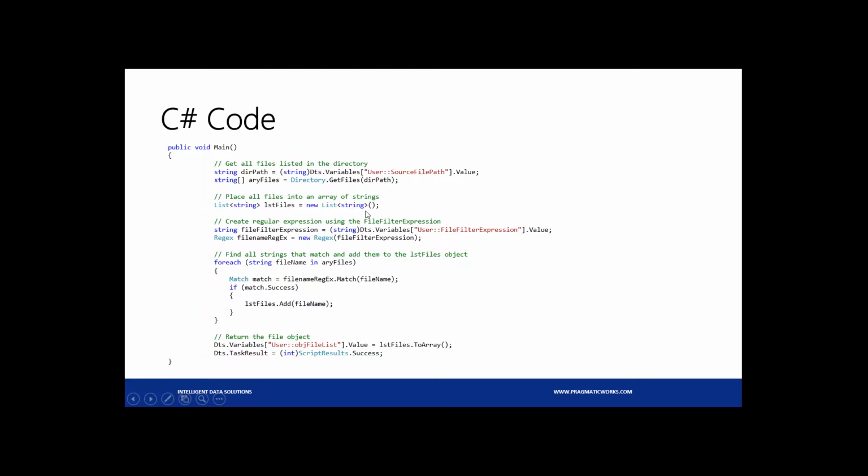We're going to put them into a string array, create a file filter expression, create a regular expression, and then loop over the entire set and see which ones match using the regular expression matching function and which ones do not. Any of the ones that match, we're going to append to an object that will be returned.